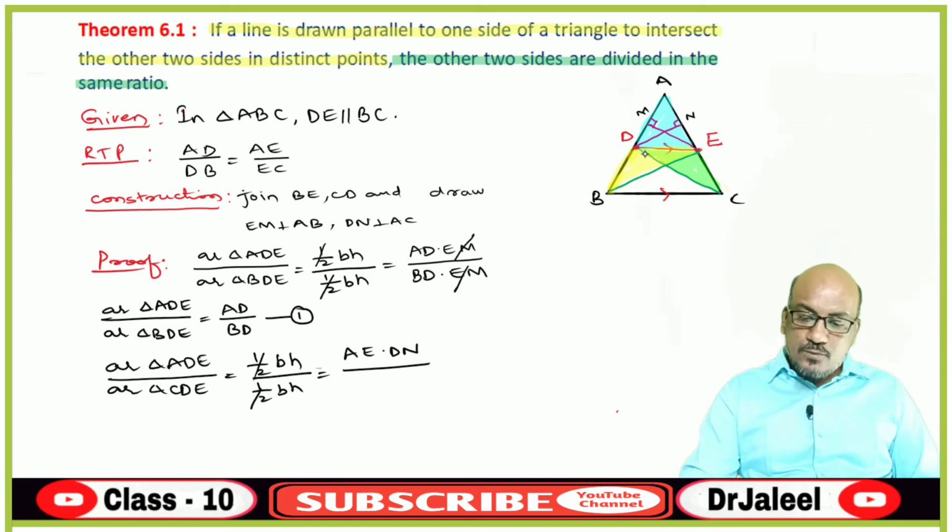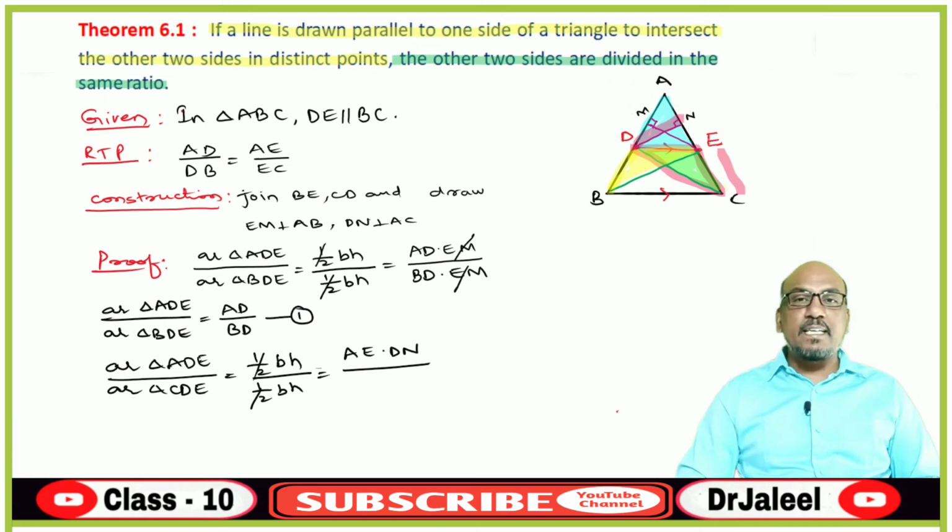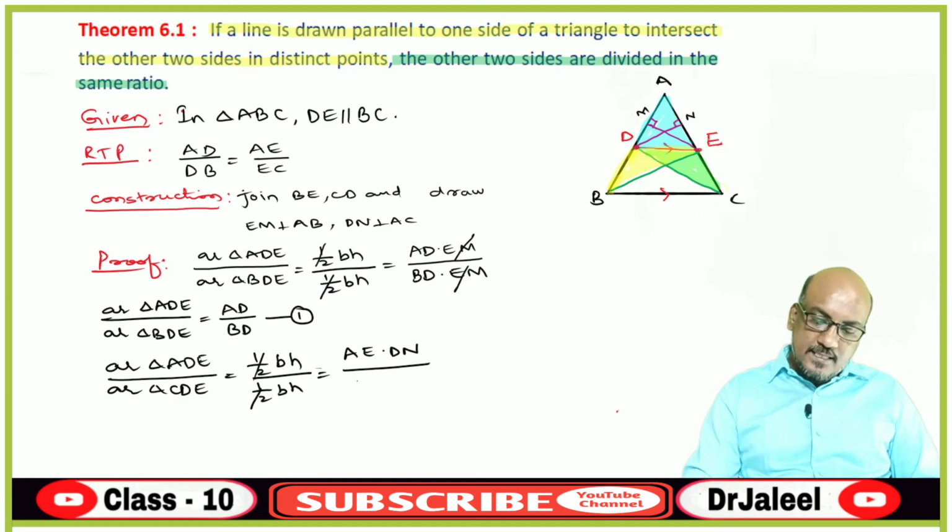Now when we take this triangle, children, CDE, what is the base? CE you are considering. And what will be the height then? Height will be DN, because I explained in obtuse angle height will be outside the triangle. So now base is CE or EC, you can write EC, and height is DN.